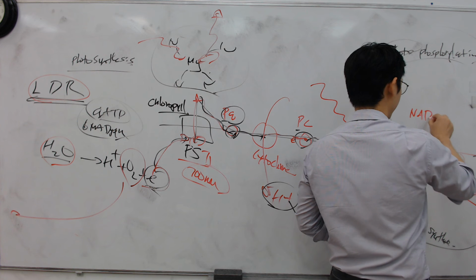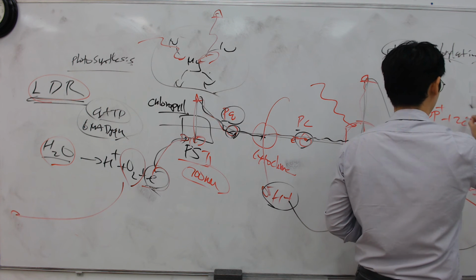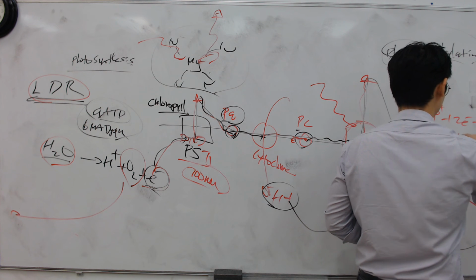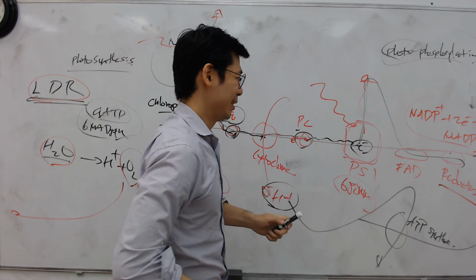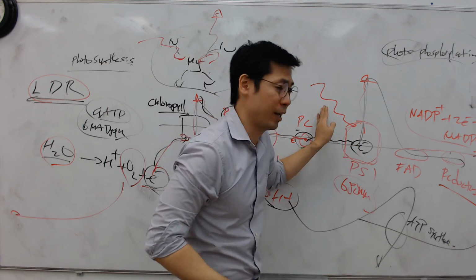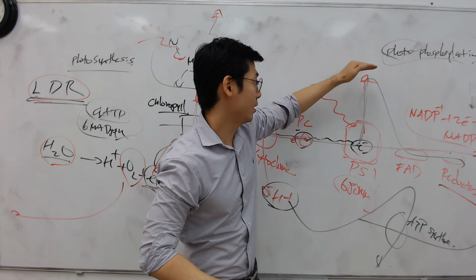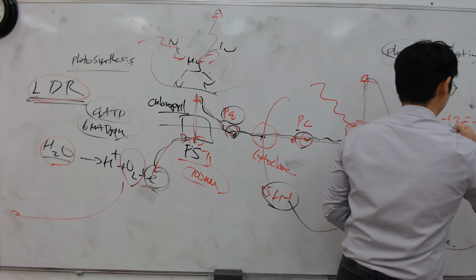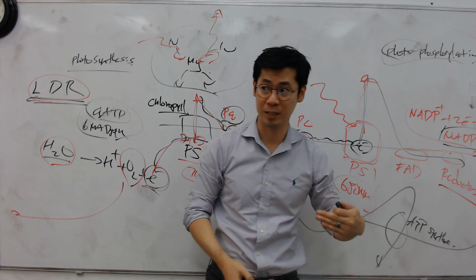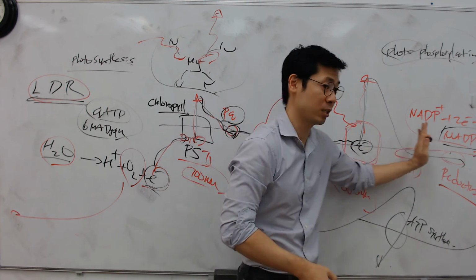The enzyme turns NADP plus 2 electrons into NADPH. That's what's going to happen. They use the energy of the sunlight to pump the electron into a higher energy state, and produce NADPH for the Calvin cycle. That's what happens for the second excitation.